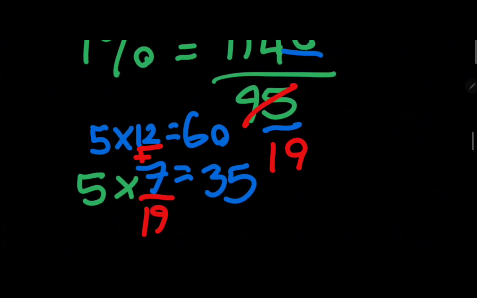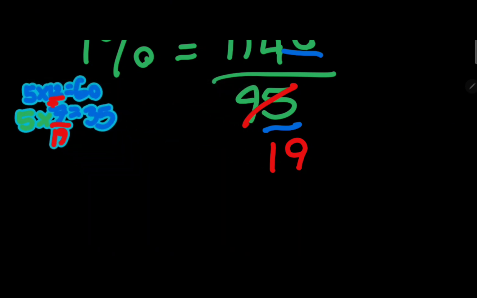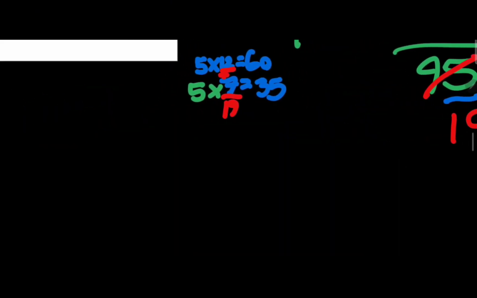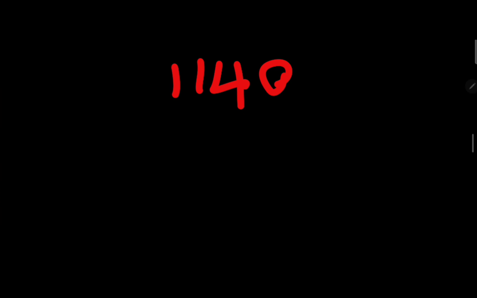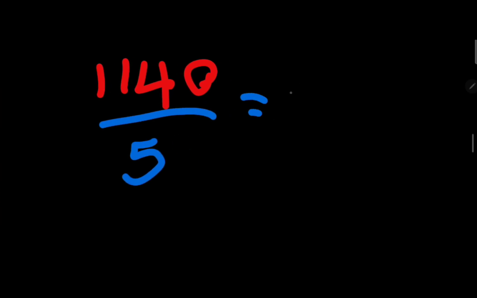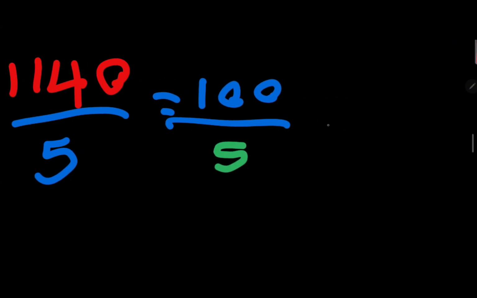While how many times can 5 go into 1140? It seems impossible until we really break it down. Let's see. So just write it over here, 1140 being divided by 5. How many times can 5 go into 100? 5 can go into 100 20 times.